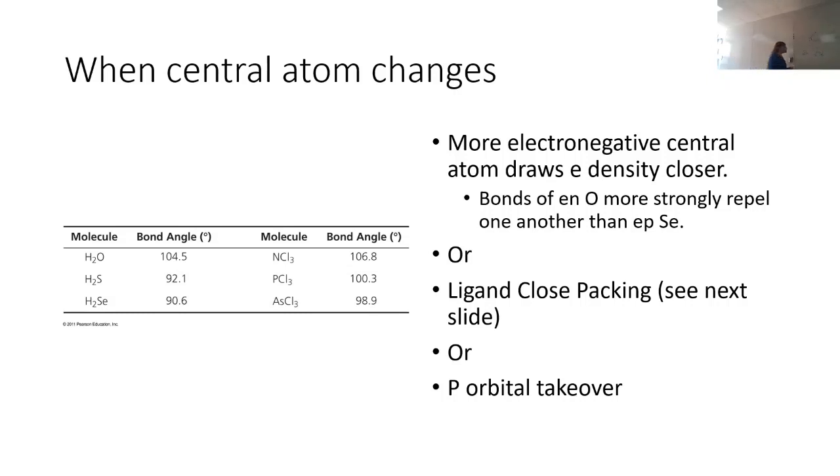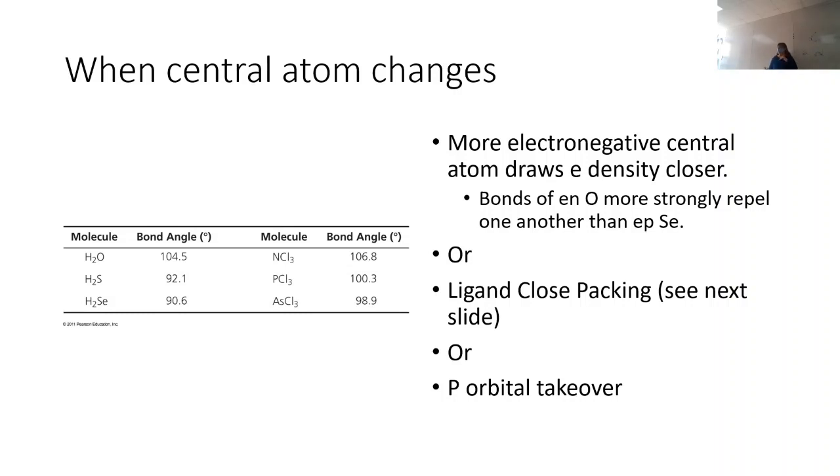In contrast with my selenium, the electron density is further out. I think selenium has a lower electronegativity than hydrogen. I'm not positive of that. But in any case, these two bonds do not repel each other nearly as much.